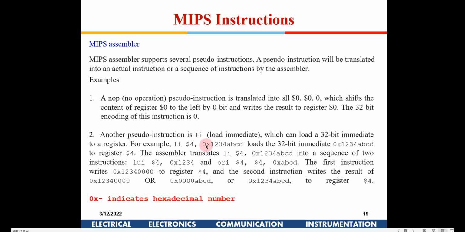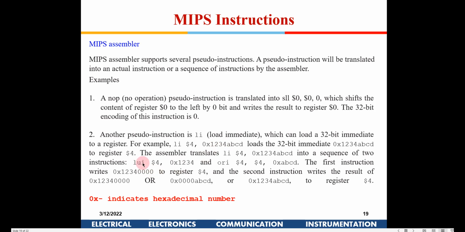We prefix it with 0x so that the computer knows what follows is not a decimal number but a hexadecimal number. So 1234 needs to be written into the higher register.